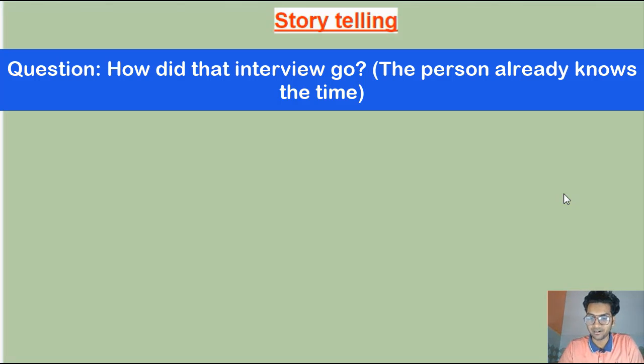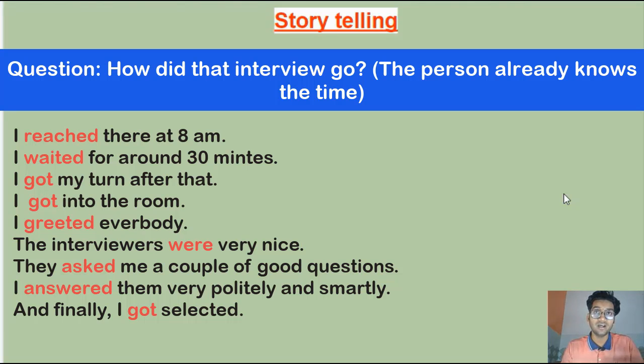Third is storytelling. This is very exciting and that's how we use it all the time. When you want to narrate what happened in the past and it's an entire incident, you use simple past tense and talk about it. For example, you went for an interview and somebody wants to know what happened. So you'll say, I went there, I reached there at 8 a.m., right?